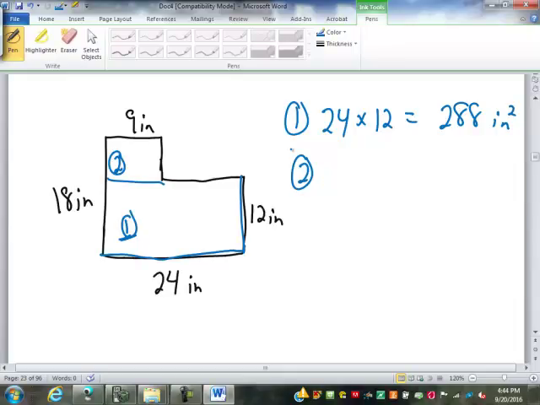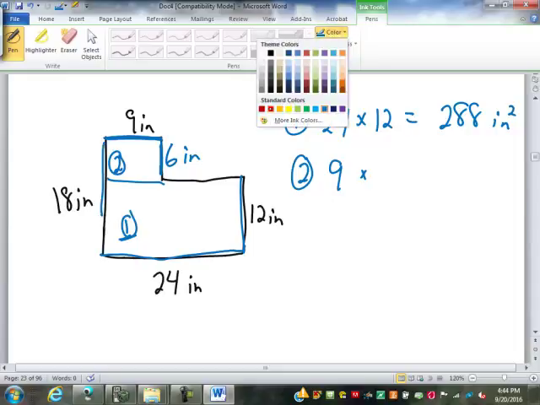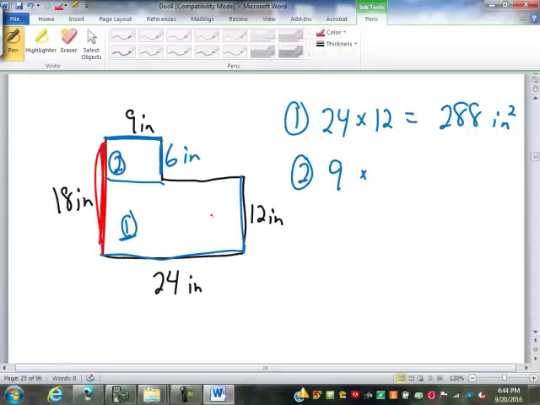How about for rectangle number 2? It's got a length of 9. What's its width? 6. Where'd you get 6 from? Perfect. It's 18 inches all the way up here. Has to be the same distance from here to here.